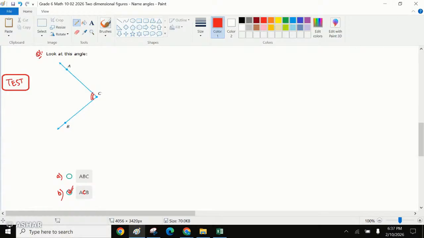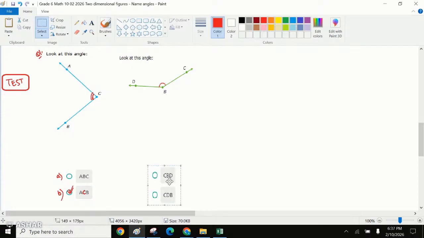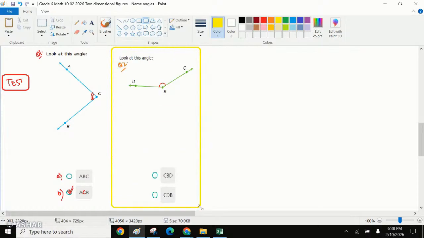Okay. Looking ahead at the next question. We'll try to complete the test over here only, right? Very easy questions. For the next question, it says, look at the angle and give the options, okay? This is our question number 2. Can I have the answers quickly? Option A or option B, or you can simply write the angle.